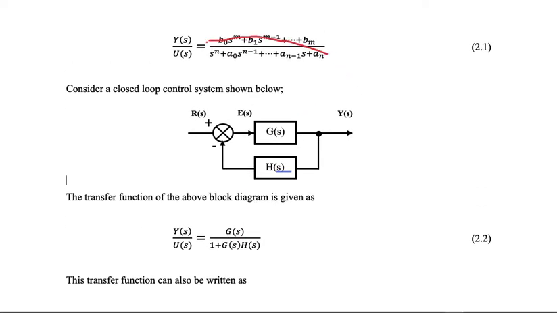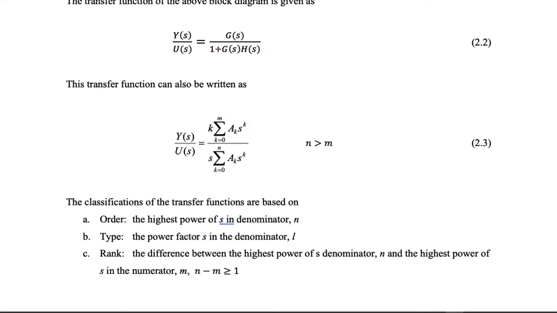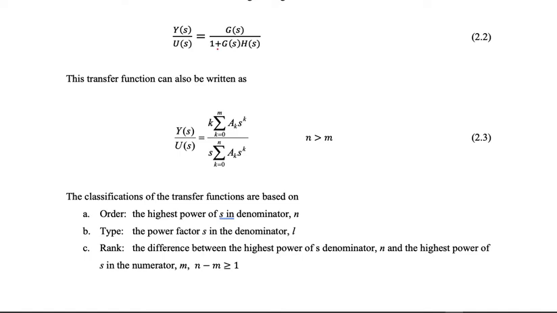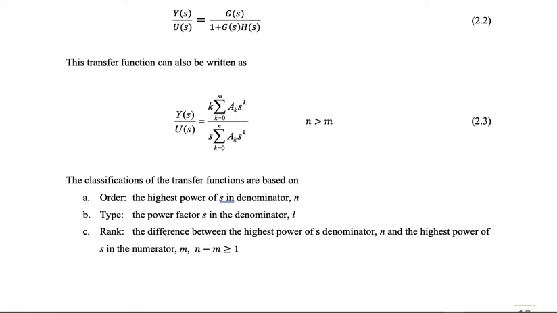Okay, so on this part, right? So we would like to know the number of n. If we know the number of n, then we can describe the order of the transfer function. And then we have a definition of type and also rank.